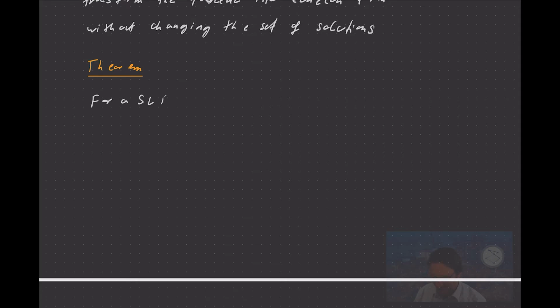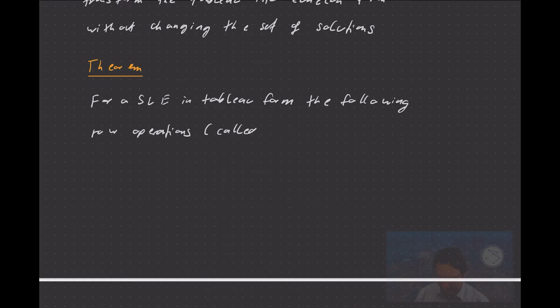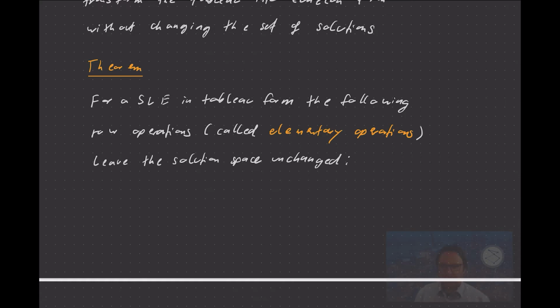For a system of linear equations in tableau form, the following row operations, and these are called elementary operations, leave the solution space unchanged.